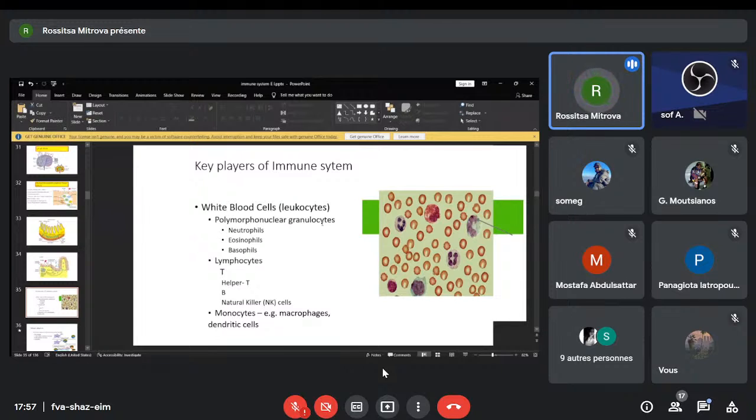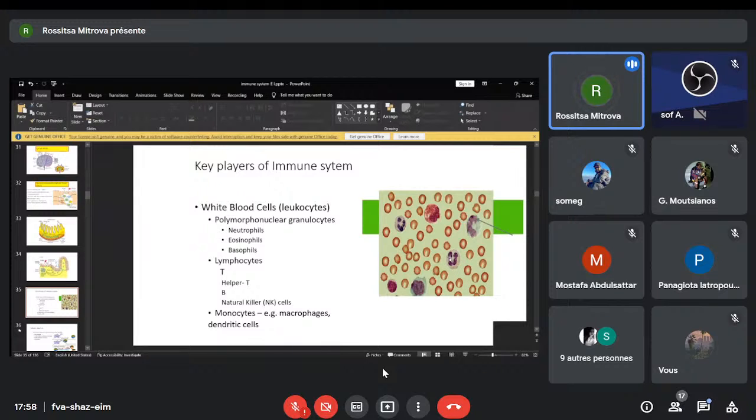Granulocytes have more than one nucleus, while lymphocytes and monocytes have only one nucleus. Maybe you remember this. Here you have two kinds of monocytes, sometimes with a very strange nucleus.